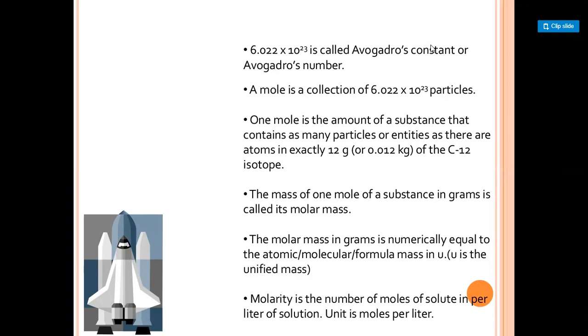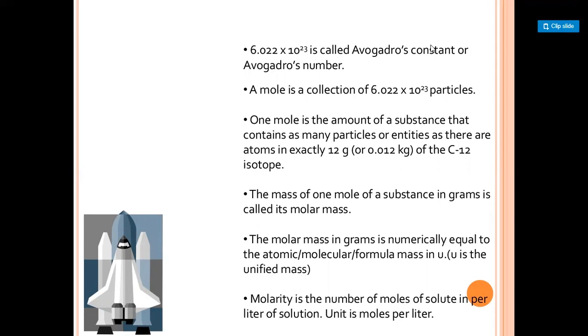A mole is a collection of 6.022 into 10 to the power 23 particles, or you can say molecules. Particles is a general word and molecule is the scientific word. One mole is the amount of substance that contains as many particles or entities as there are atoms in exactly 12 grams of the carbon-12 isotope.